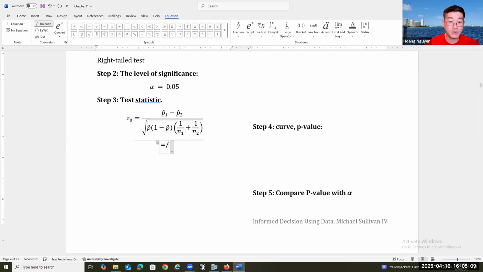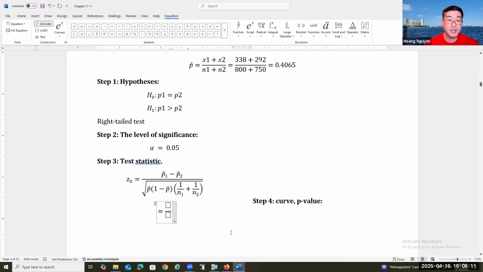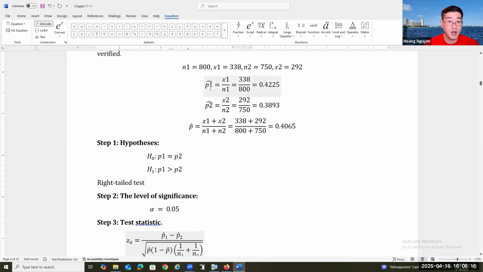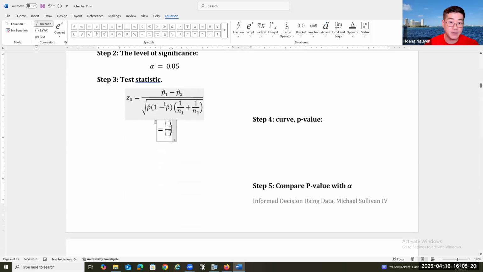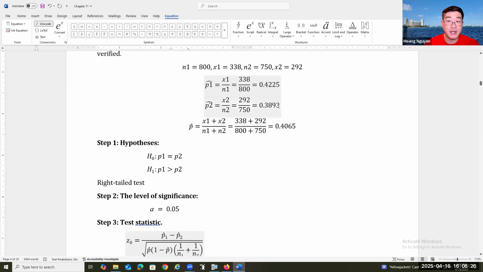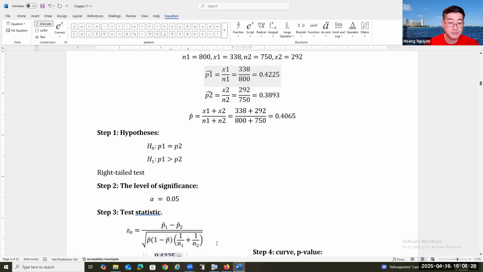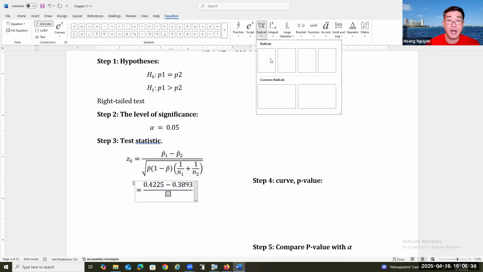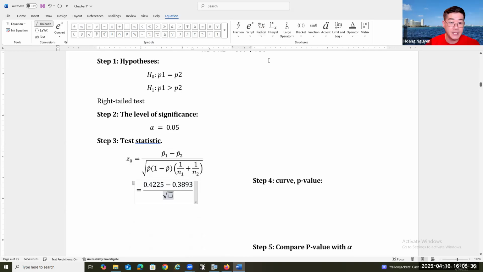Okay, so now let's see what we have so far. In this calculation, we need to know P1. Do we know P1? Yes, we know P1 is already 0.4225. So I'm going to substitute that. So P1 hat equals 0.4225 minus P2 hat, which is 0.3893, divided by the square root of, and then in this square root, I have P hat.